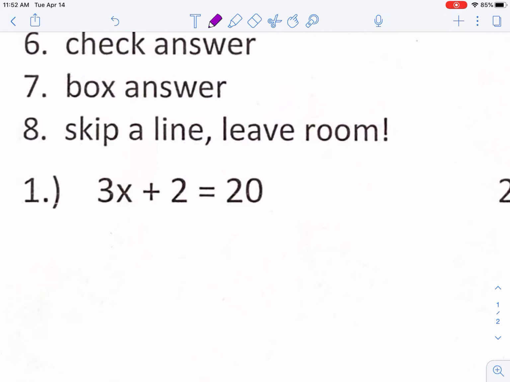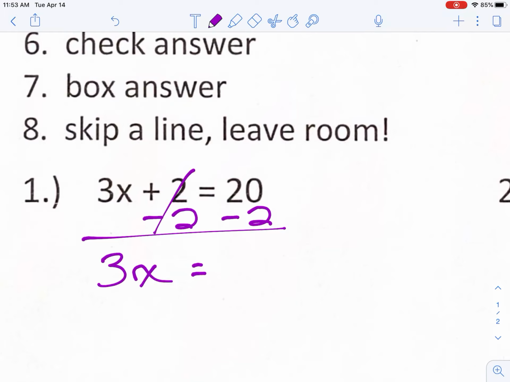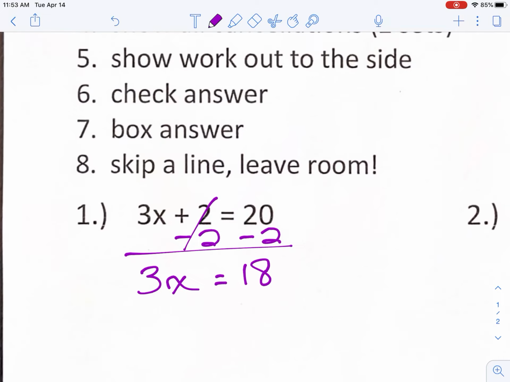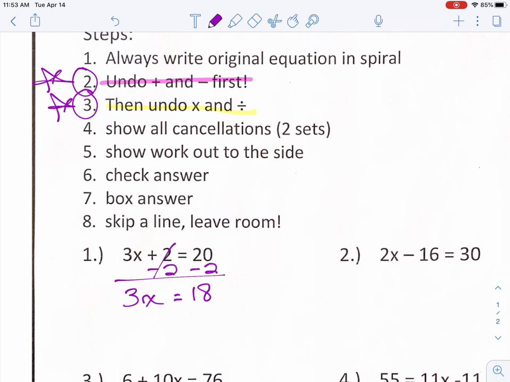Okay, so on number 1, we have 3 times something plus 2 is 20. Again, undo addition or subtraction first. Since it says plus 2, we're going to subtract 2 from both sides. Show your cancellation. 2 minus 2 is 0. It's gone, leaving me with 3x. Solve on the right. 20 minus 2 is 18.